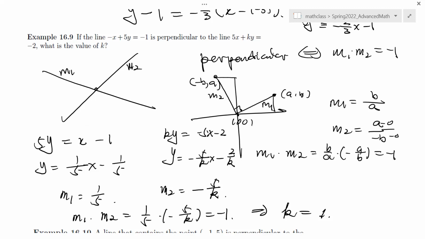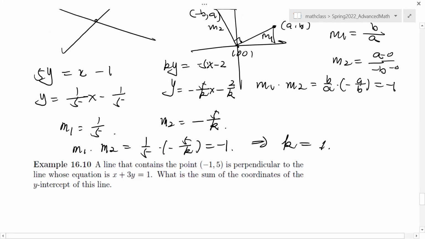So there are two important facts: how do you check two lines are parallel, and how do you check two lines are perpendicular? Two lines are perpendicular means the product of the slopes must be -1.